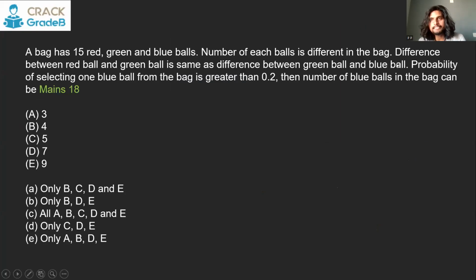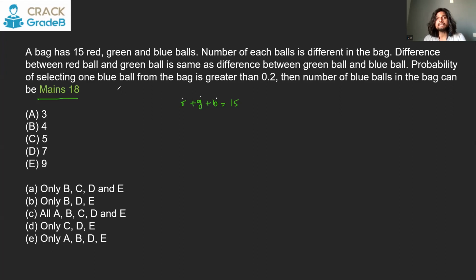Okay. Let's see a challenging mains level question. It's not difficult. It's just a little lengthy because it's a mains again. A bag has 15 red, green, and blue balls. So the number of red plus green plus blue, the total number of balls, is 15. We are considering there are R number of red, G number of green, and B number of blue balls. The number of each ball is different in the bag.